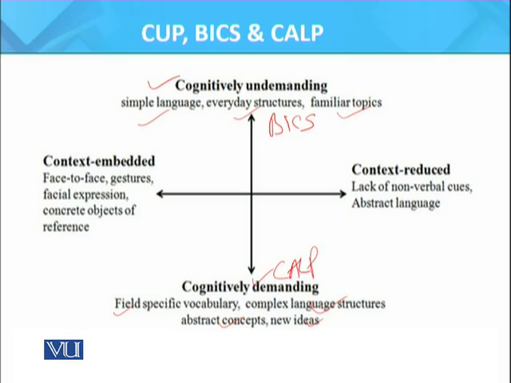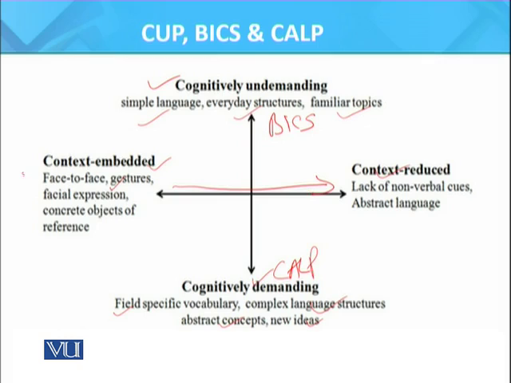Now you see that the horizontal axis of these two models represents a continuum from context embedded to context reduced, ranging from the situation in which the learner uses external clues and information such as facial expressions, real objects, and pictorial representation to enable understanding, to the other extreme, where the learner must rely on linguistic cues and knowledge about language and text to understand meaning.